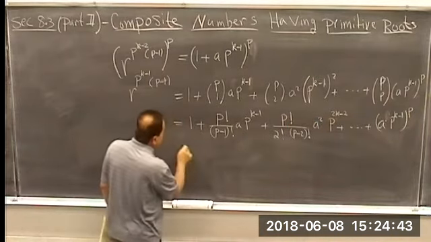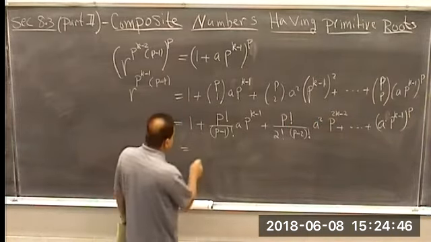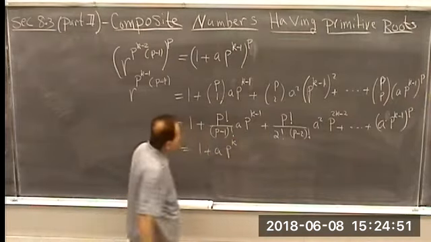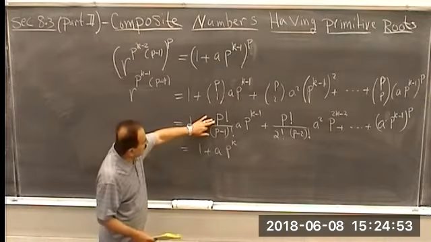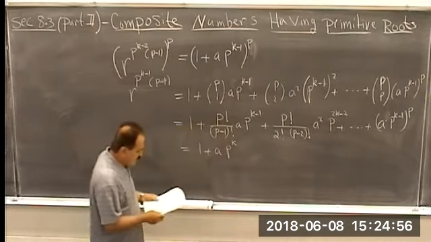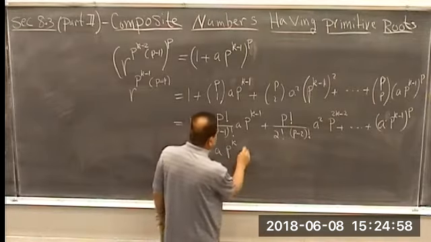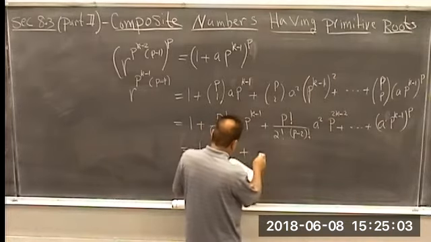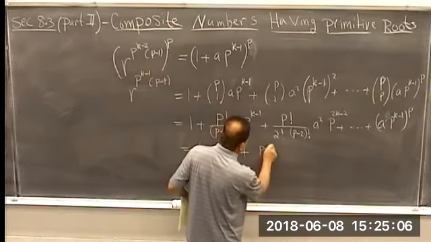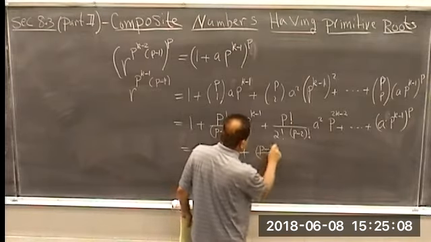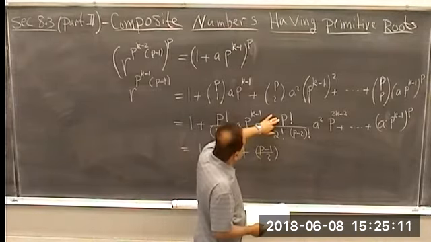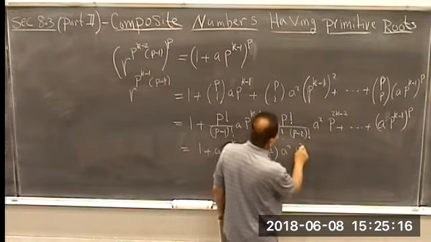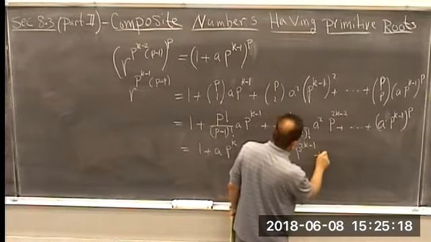All right, so this is equal to 1 plus a p to the k, since the (p minus 1) factorial cancels out, so we end up with a p. The other term is going to be actually (p minus 1) over 2, and we get the p out of this, so we come up with a squared p to the 2k minus 1 over 4.